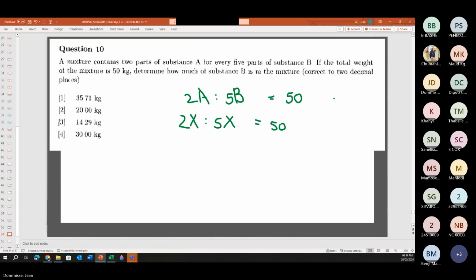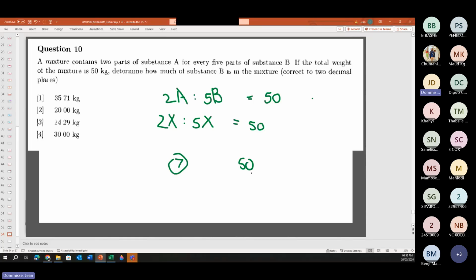I would also have said 2 parts versus 5 parts, so you're sitting with 7 parts, so I'm looking more at 50 divided by the 7, which gives, if I work it now out right, 7.1429, and then determine how much of mixture B is in the mixture.